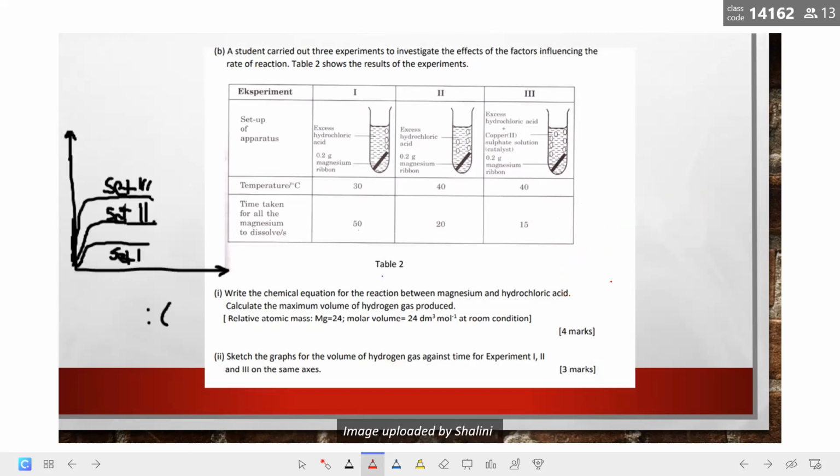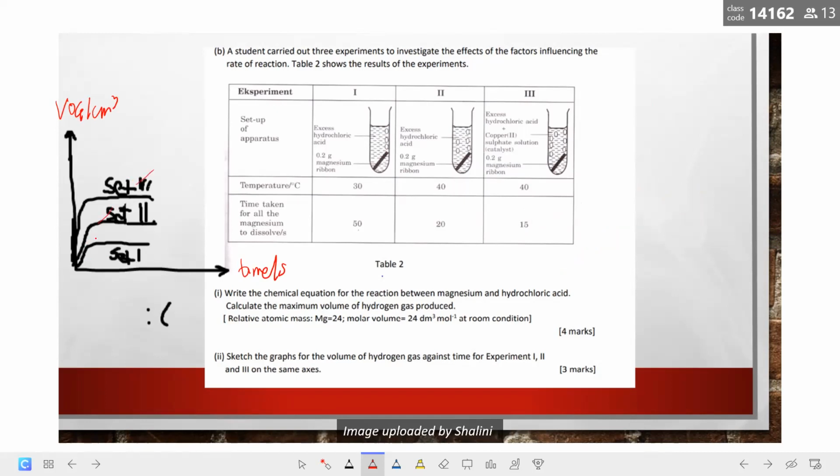This is by Shalini. Doesn't matter Shalini, she's trying. So this is volume of gas, centimeter cube. This is time, second. You notice teacher is always right. Shalini, can you see a mistake now? Yes, sir, I get it. So they must all what?